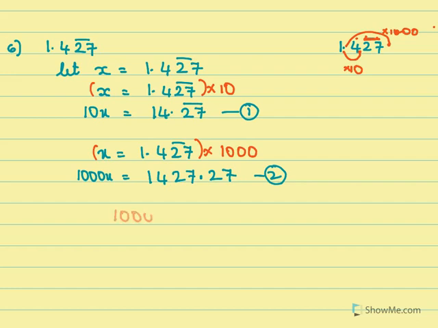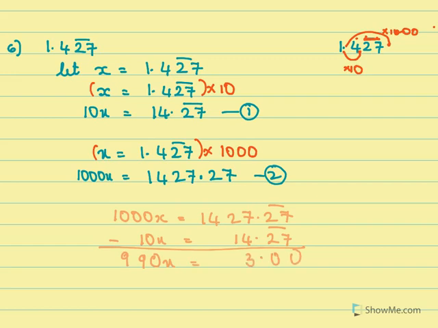So we have 1000x equal to 1427.27, and we had here 10x equal to 14.27 bar. Subtraction, you will get 990x equal to 1413. So your x is 1413 over 990.